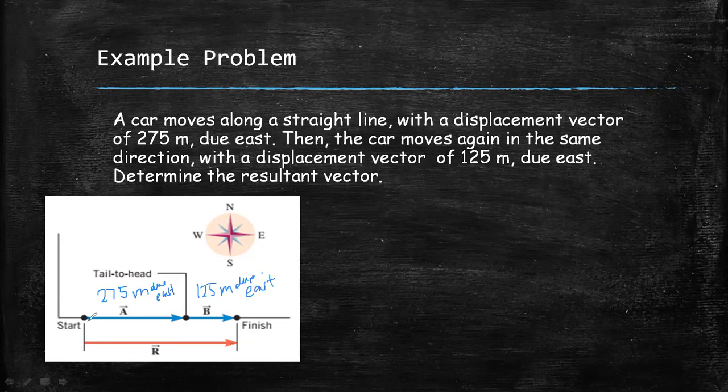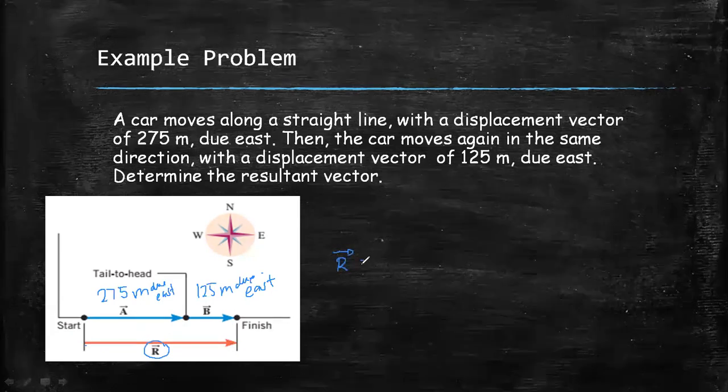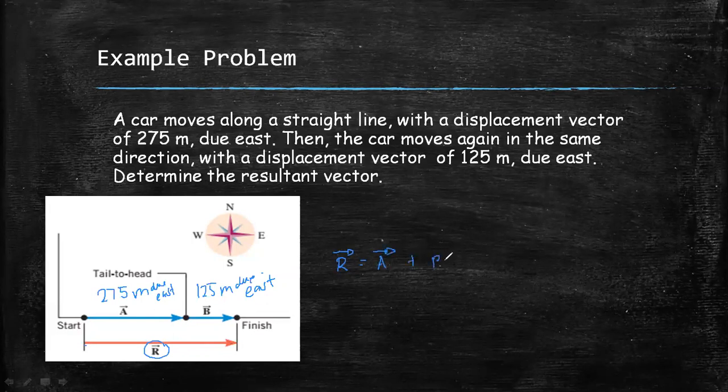And the resultant vector is from the starting point to the finish point, which is represented by vector R. Therefore, vector R is equal to vector A plus vector B.